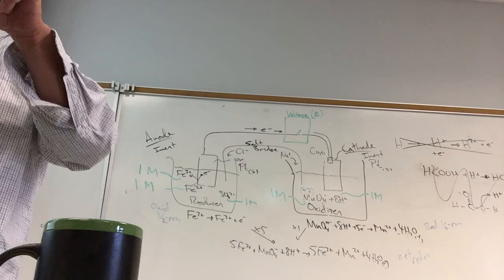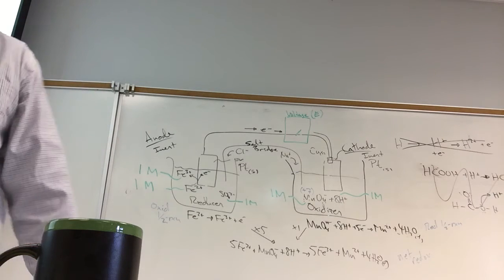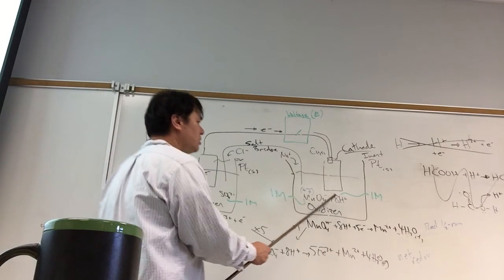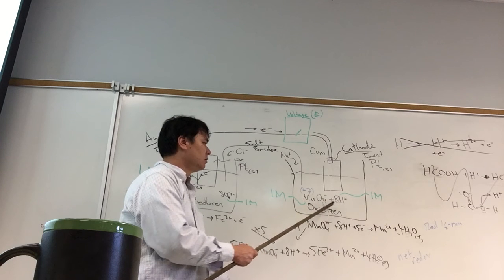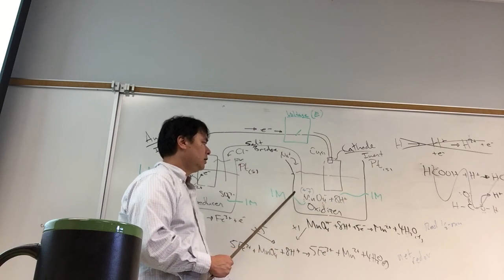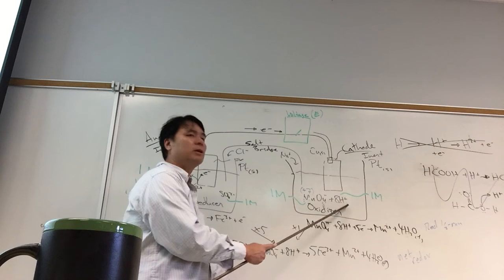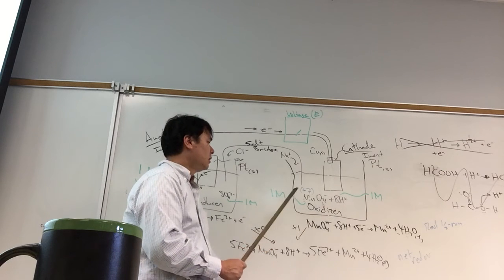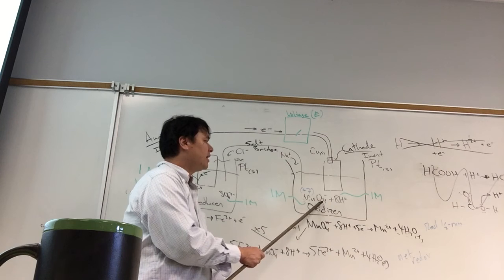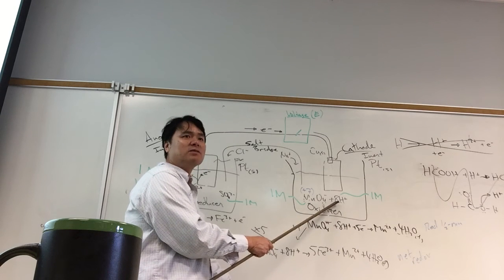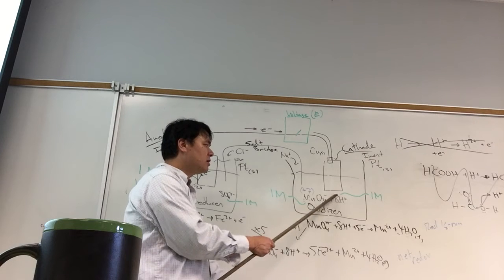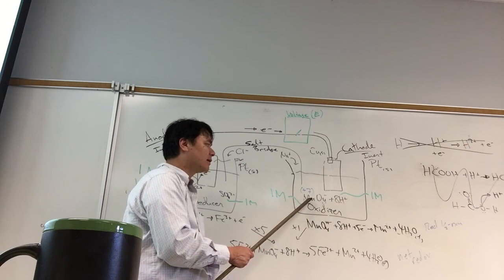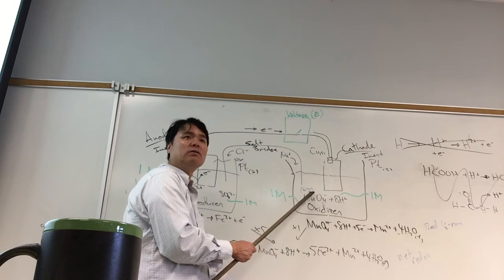No, you just put whatever molarity you want. What this 1 to 8 ratio tells us is what's going to be the limiting reagent. What's going to be the limiting reagent? The H plus. Because if I have 1 molar permanganate, I really need 8 molar H plus, but I don't have it. I only have 1 molar H plus. And so this ratio just tells me the ratio in which they react. It doesn't tell me the initial ratio present.